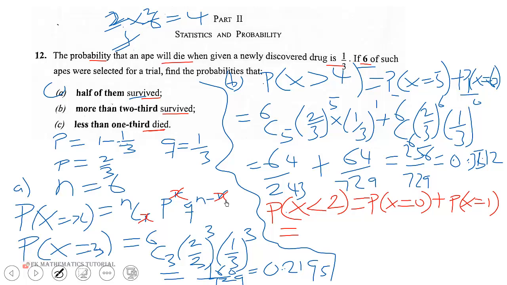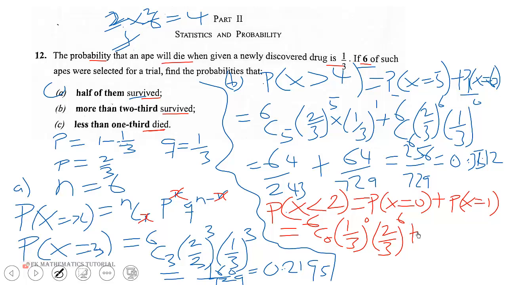Now we have n combination X, which is 6 combination 0. Then we have P, which this time is 1 over 3 exponent 0. Then Q is 2 over 3 exponent 6.